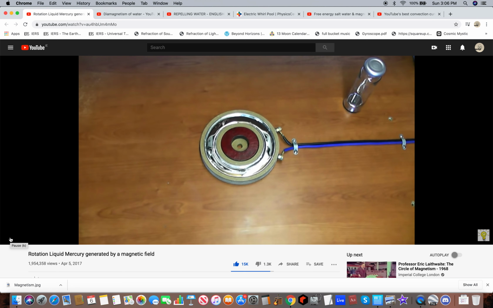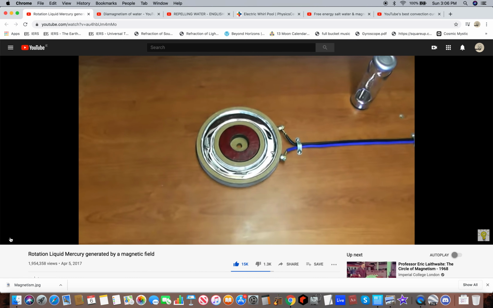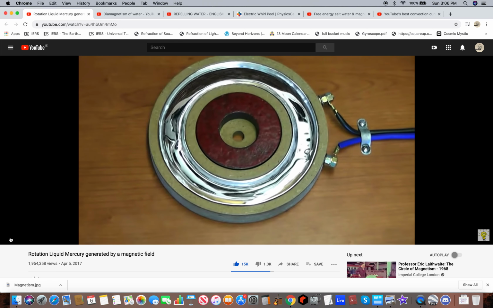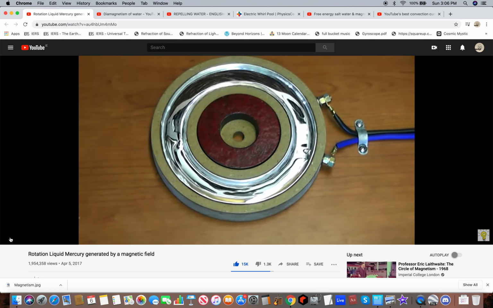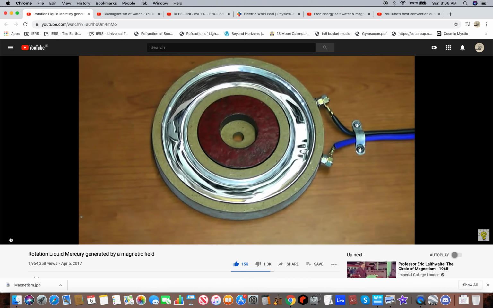As you can see, because the mercury has been made mildly magnetic by the DC current, it causes the mercury to want to move away from the electric field, and when it's red side up, it moves in a clockwise formation here.